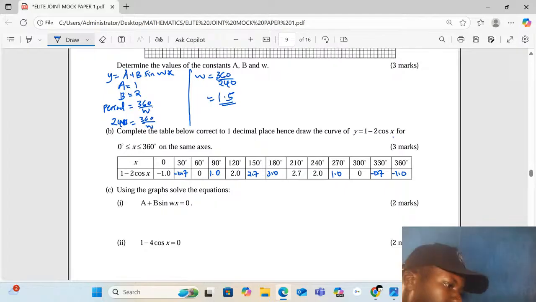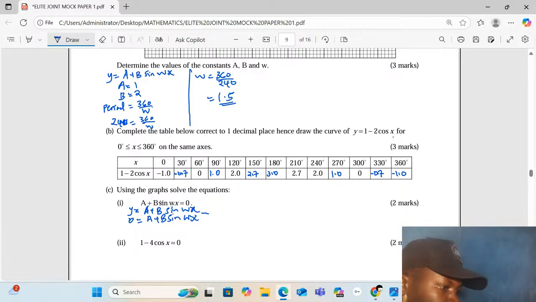So you're going to say y = a + b sin wx, the given equation, this one.